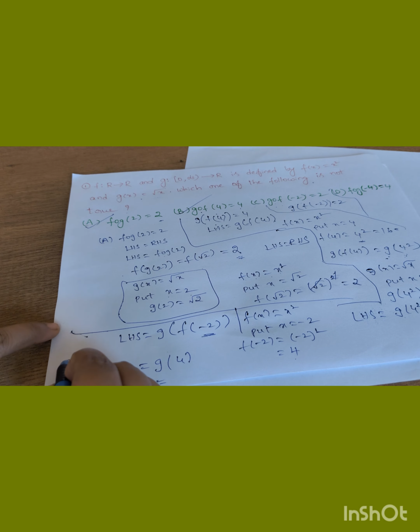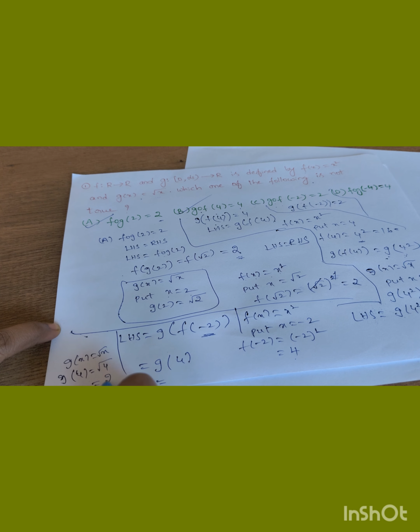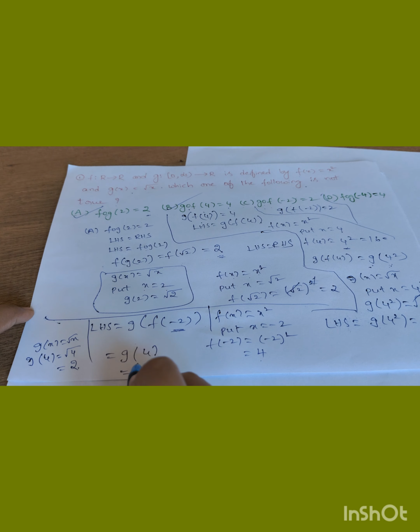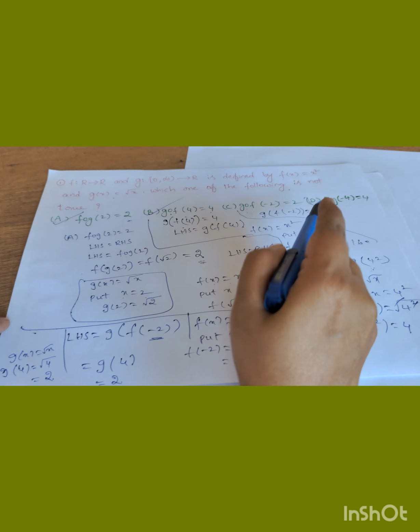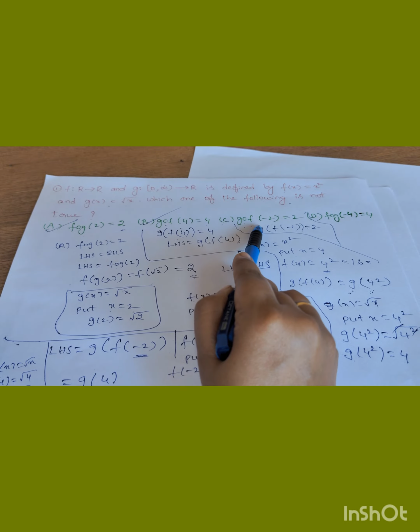So put x is equal to 4. Then root 4. Root 4 value is 2. So LHS is 2 and RHS is also 2.